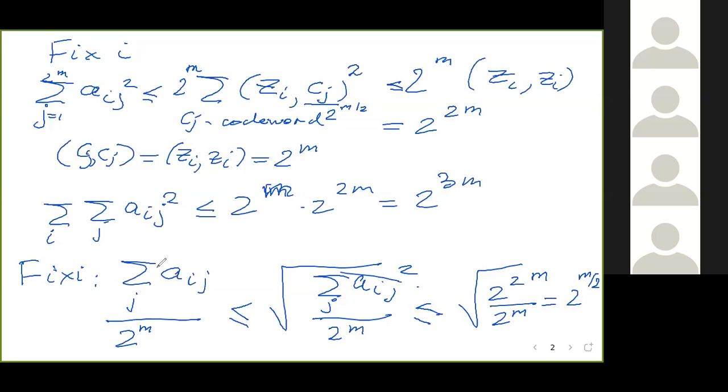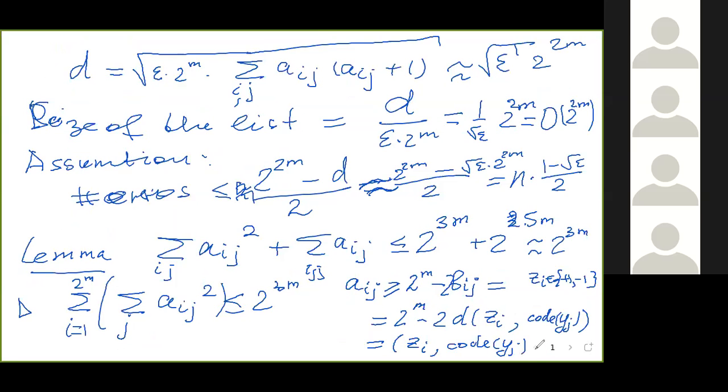And hence the sum of a_ij's for fixed i is at most 2 to the 1.5m. And then when we sum over all i's, we obtain 2 to the 2.5m, as we have seen.